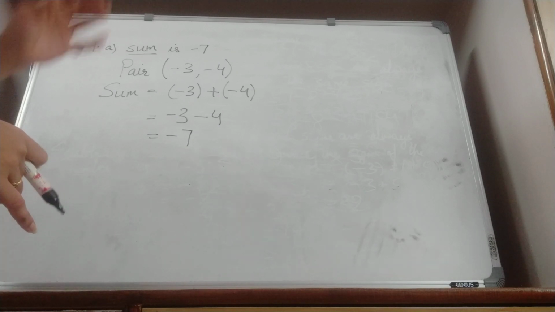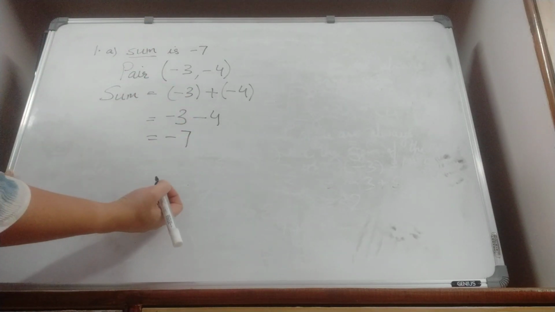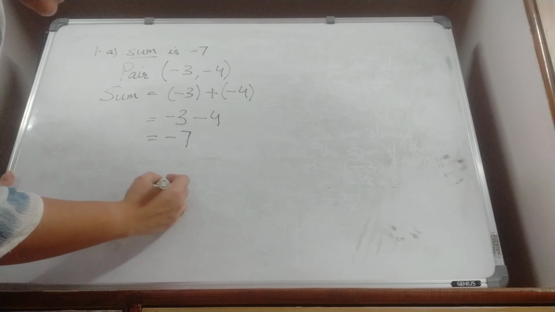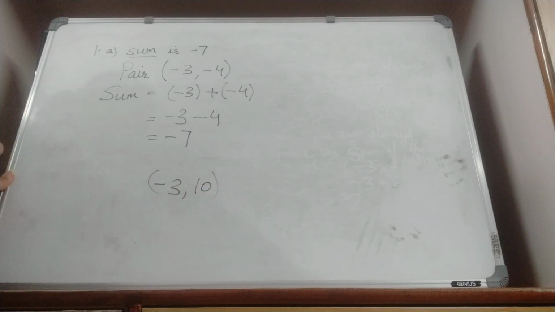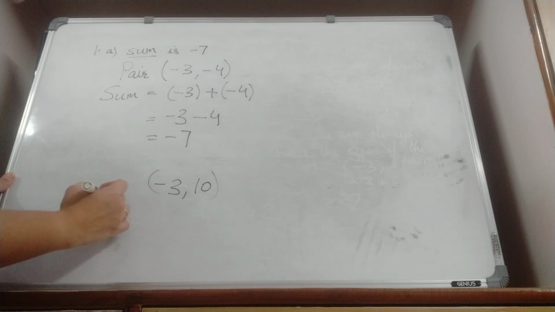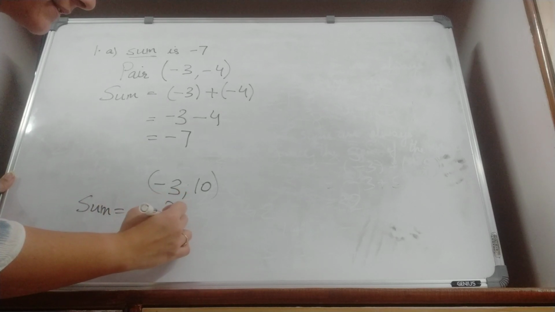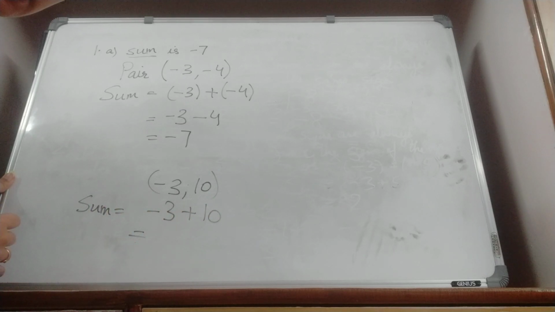Now I want to tell you where children go wrong. Supposing you think that yes, minus 3 and 10 we can take. Alright, supposing I take the pair as this. Now I want to find out the sum. So it will be minus 3 plus 10, which comes out to be 7 and not minus 7.